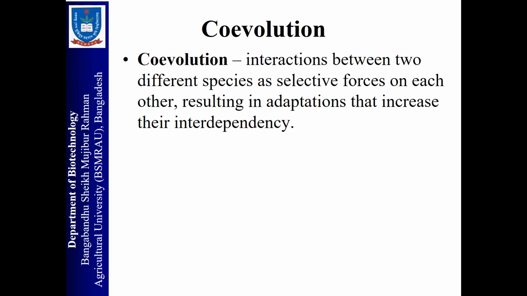For example, a pollinator and a flowering plant have interdependency. If one organism evolves, then the other also evolves to fit and to keep their relationship stronger. It is called coevolution. Both evolve in a way so that one can be beneficial for the other.